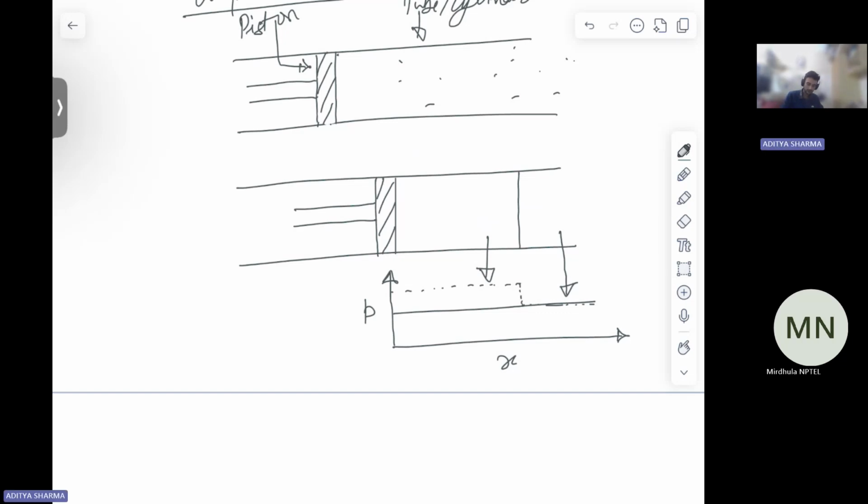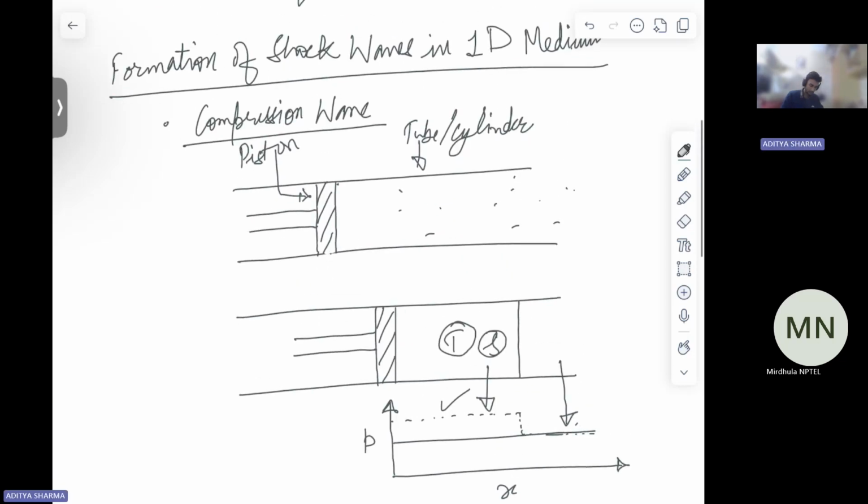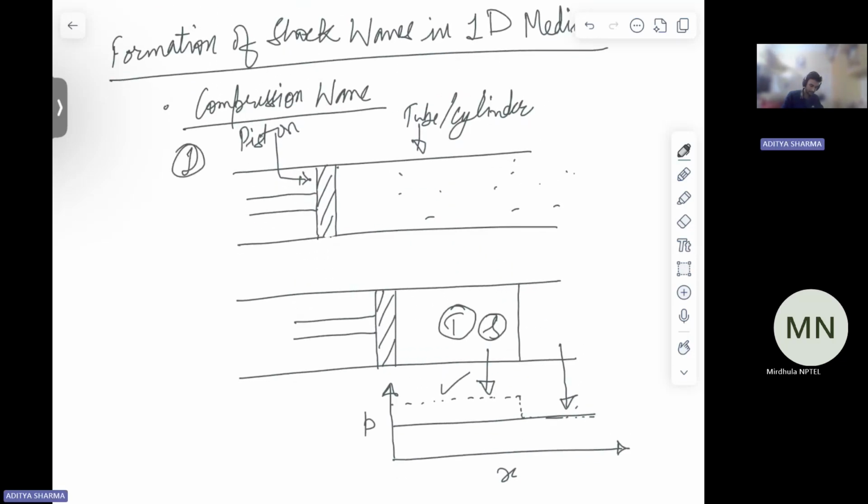So in front of your compression wave, you have this pressure, and at the back of your compression wave, you have this pressure, right? So we are discussing formation of shock waves in a 1D medium. Now, what also happens is that the static temperature here increases, and the static density here will also increase. So this is first.